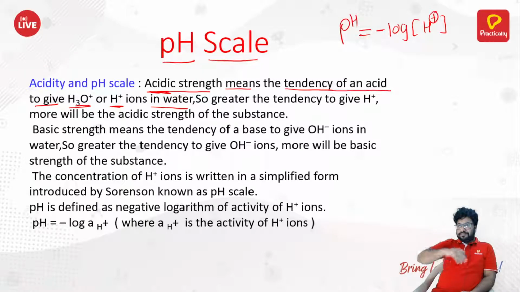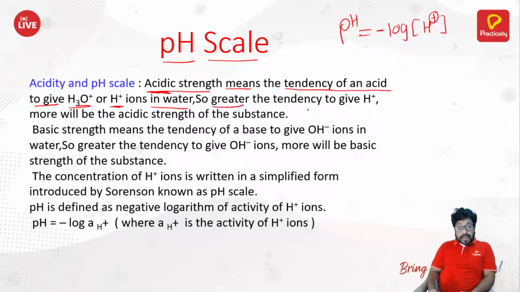We have discussed this earlier also. Acidity means any substance which increases the H3O plus ion concentration in water is called an acid. So acidic strength means the tendency of an acid to give H3O plus or H plus ions in water.